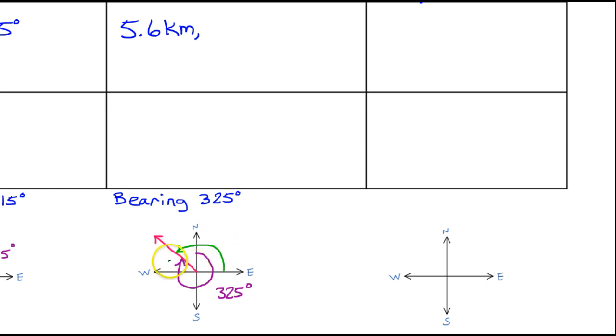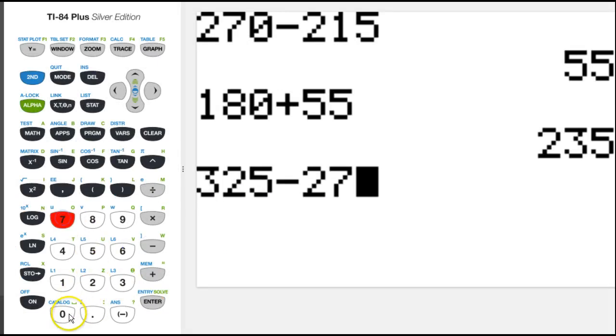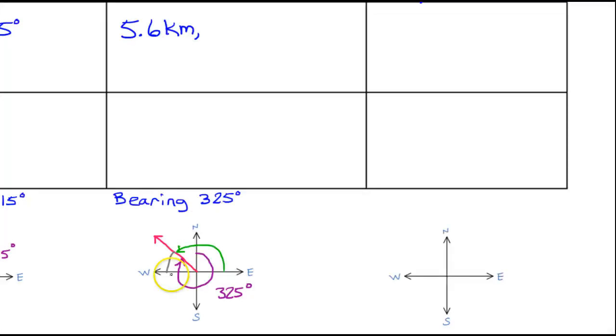So again, an easy way to find this would be to start with the reference angle. Let's quickly figure out what the reference angle is, which is right here. This reference angle is the difference between 270 and 325. So let's do that. 325 minus 270. Oh, look, 55. Interesting.